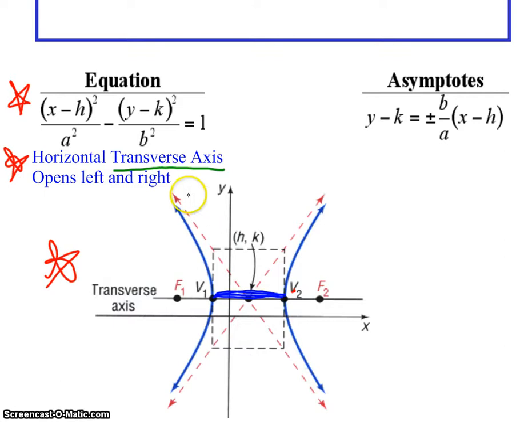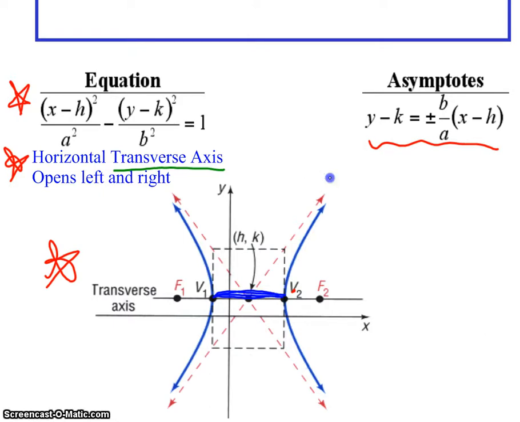Notice that there are asymptotes to this hyperbola. It's the only conic section that has asymptotes. The circle, ellipse, and parabola do not. You do not need to write the equation for the asymptote. I will show you how these asymptotes are created using A and B, but we're not going to focus on the equation for the asymptote.